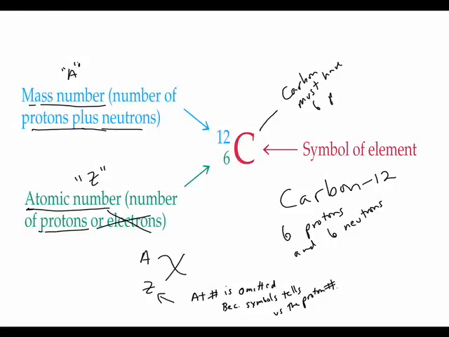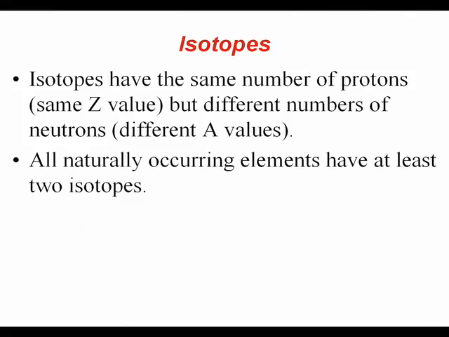Okay. Isotopes, you can have different numbers of neutrons. In fact, all naturally occurring elements have at least 2 isotopes. So if you realize that you can vary these, you've got to figure out a way to take that into consideration. How about carbon? Carbon has many isotopes.